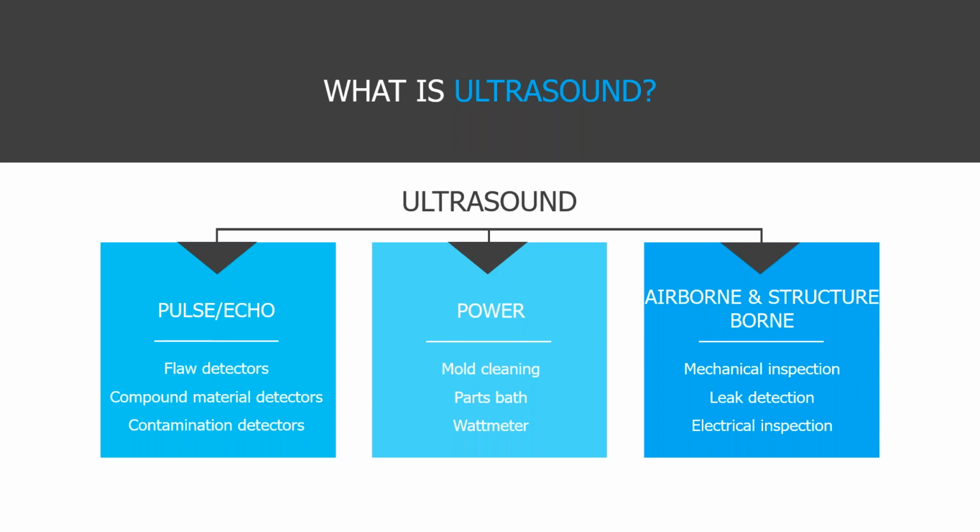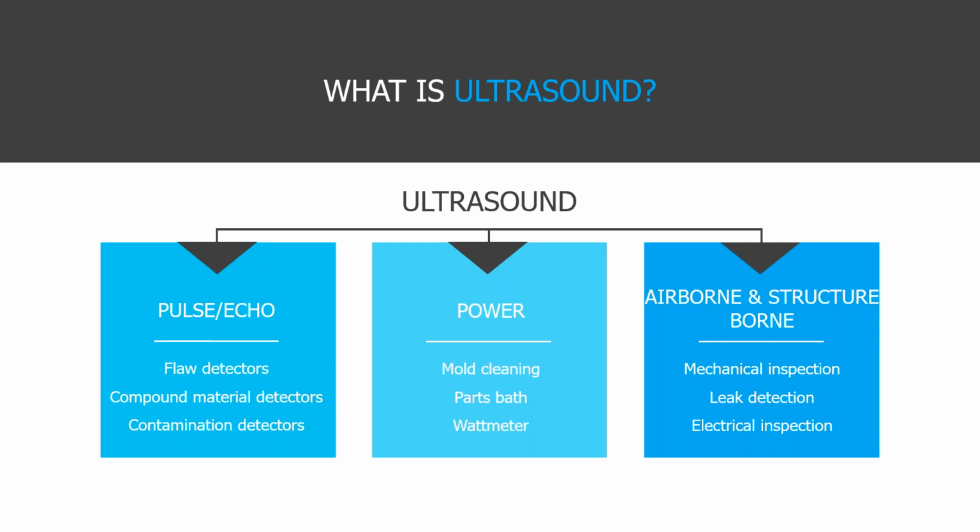Unlike pulse echo and power ultrasound, we're not emitting anything, we're simply a listening device. We're listening for high-frequency sound either through the air, such as a compressed air leak or a vacuum leak, or some sort of electrical noise that we may be picking up coming from inside an electrical cabinet.